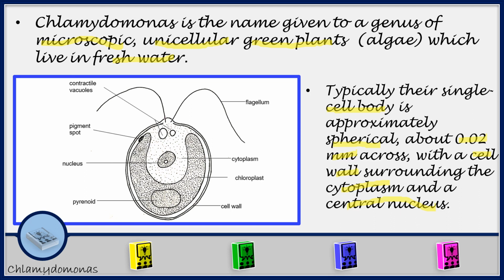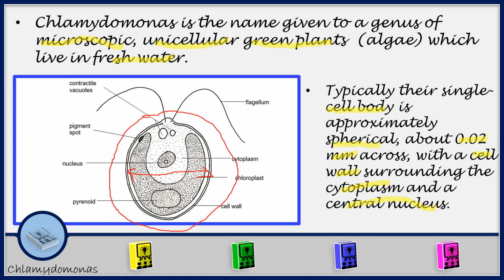And they are saying that they have a single body, which is spherical. If you look at it here, it is spherical in shape and about 0.02 millimeters across.